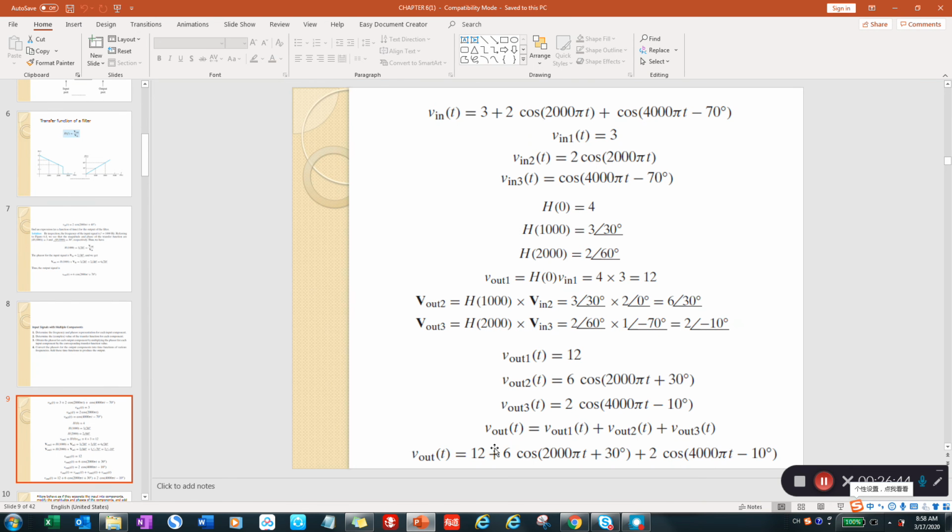Then we know the output signal, in fact, is the summation of all the output components, so the output signal will be 12 plus 6 cosine 2000 pi t plus 30 degrees plus 2 cosine 4000 pi t minus 10 degrees.